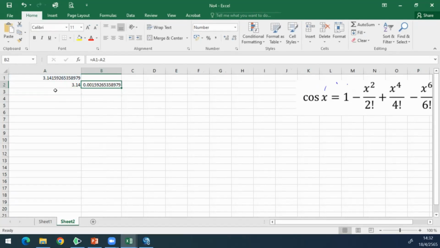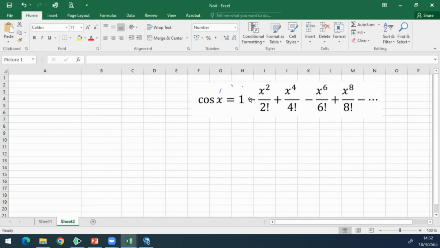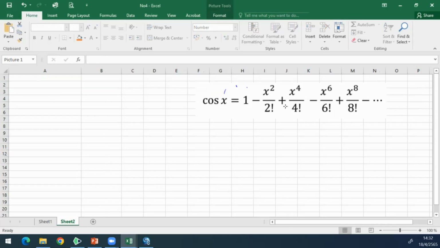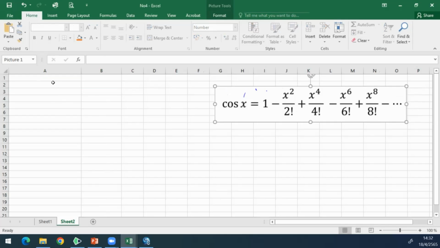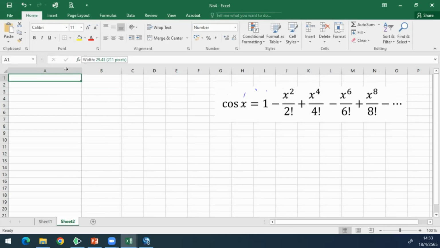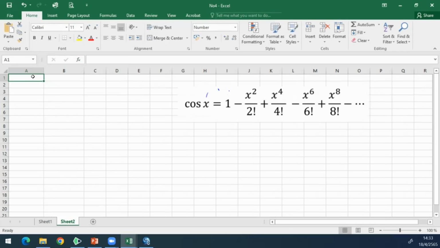Okay, so then truncation error is what? We will consider this function. This function is cosine x. We will apply x, where x is equal to 0.5, same as the example, right?